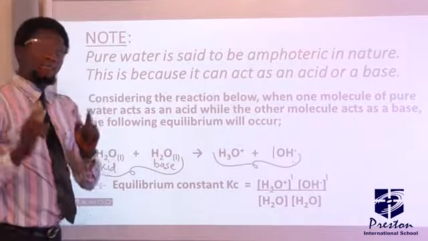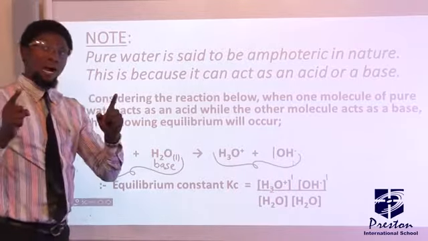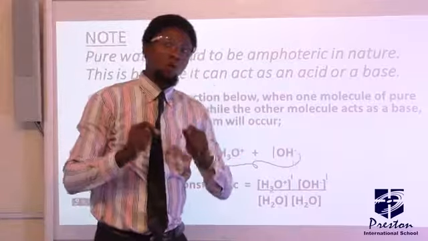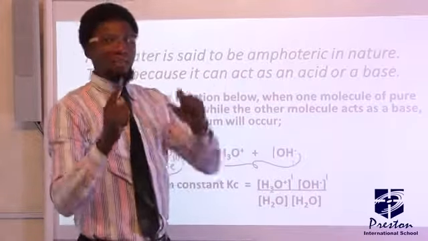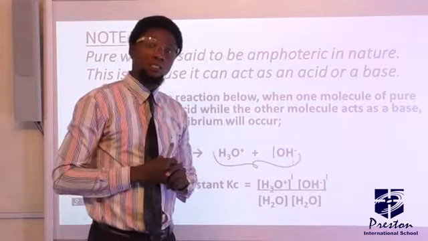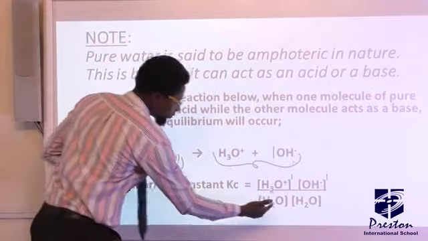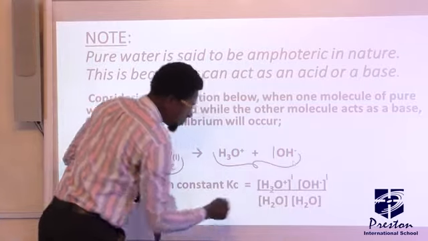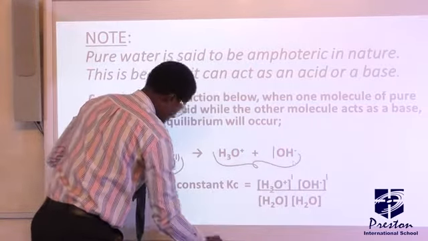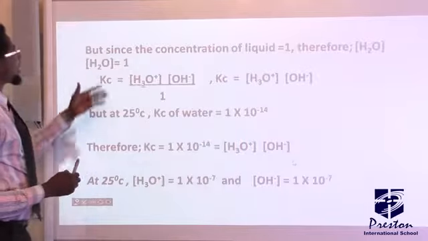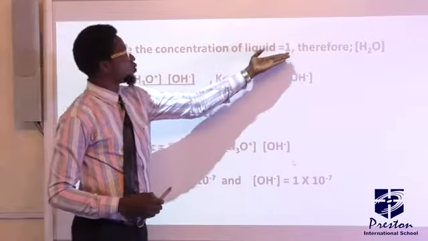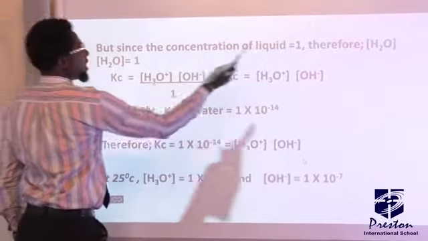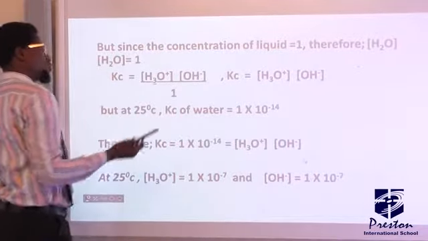But don't forget that water is a liquid substance. And I told you categorically that the concentration of water is always equal to 1. And the same thing is also applicable to solid substances. So if that is the case, it means that the concentration of this water you wrote here, this one as well, will be equal to 1. So let's quickly see what is happening here. Since the concentration of liquid is 1, therefore H2O multiplied by H2O will be equal to 1.